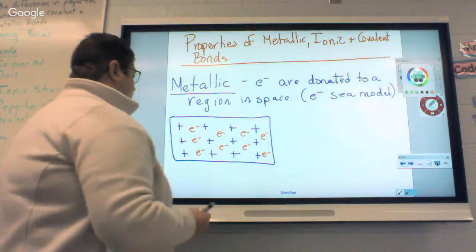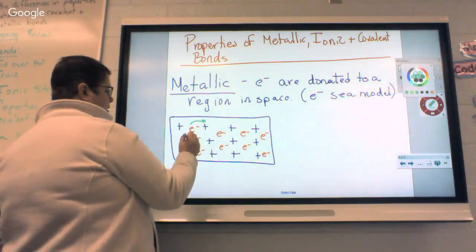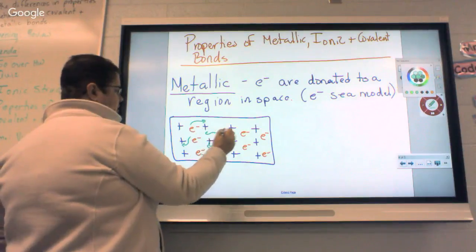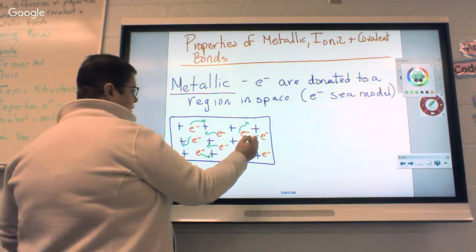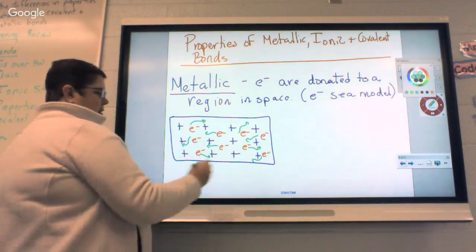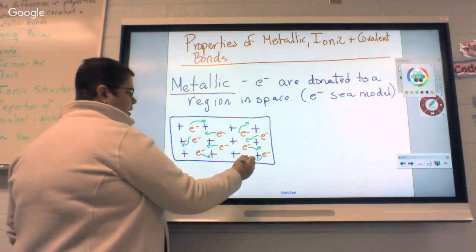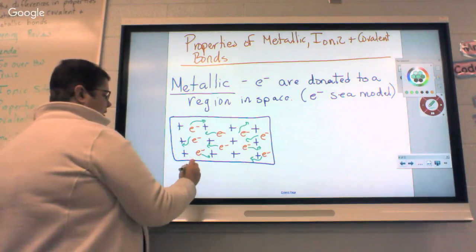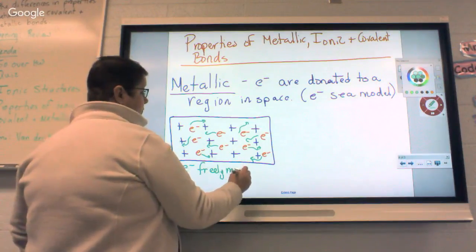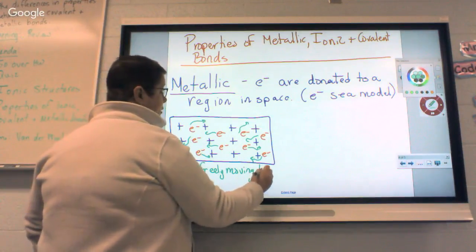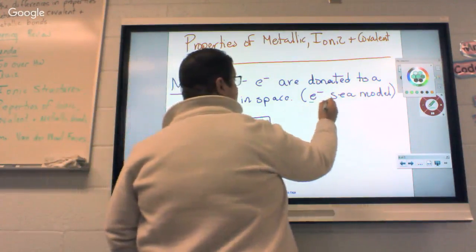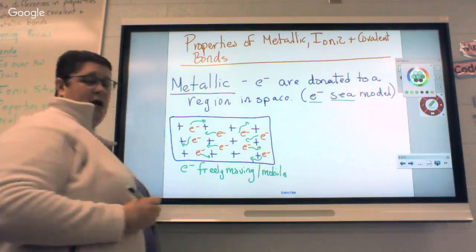Now, in the metal, these electrons can go wherever they wish to go. They are not locked into place. They can travel throughout the metal. Okay? These electrons are freely moving and mobile, which is why we call them a sea of electrons.